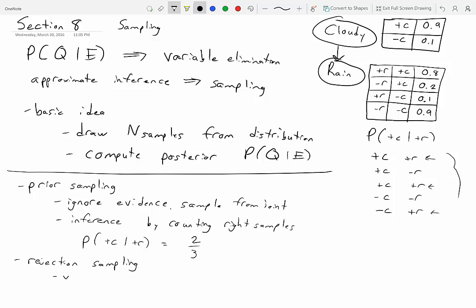So what happens is that while you're sampling, you reject a sample if it's not consistent with the evidence. And then all you have to do is do inference by counting samples.